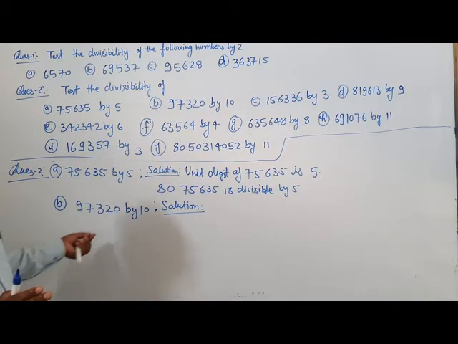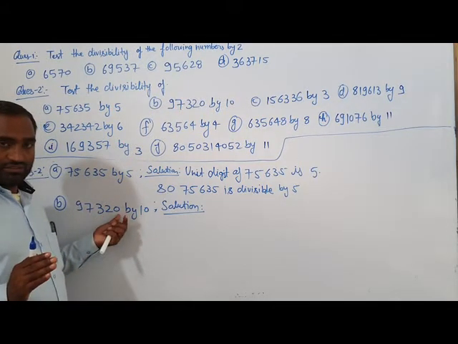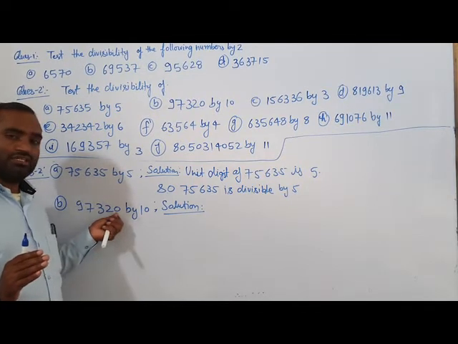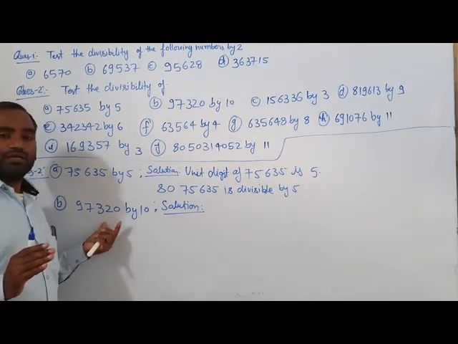Here we see that in 97,320 the unit digit is 0, so it will be divisible by 10.